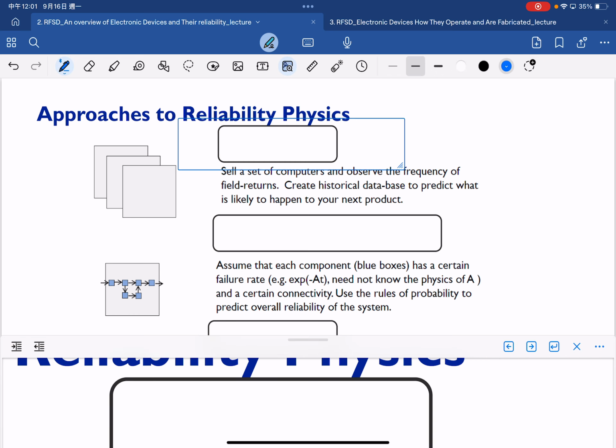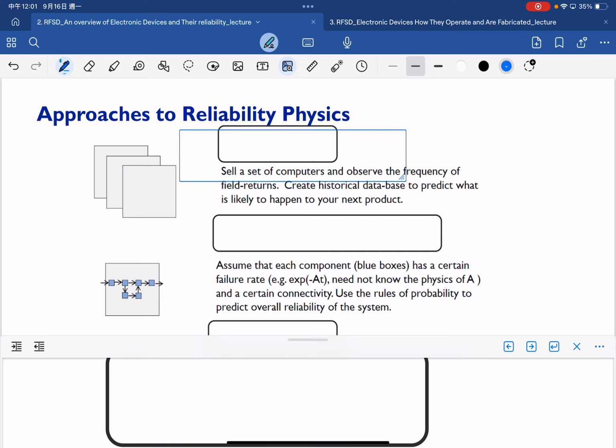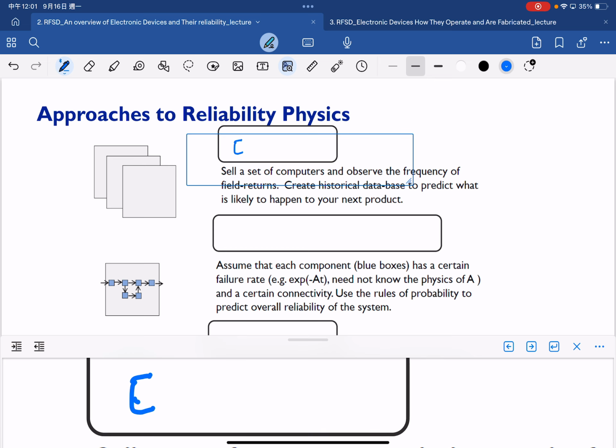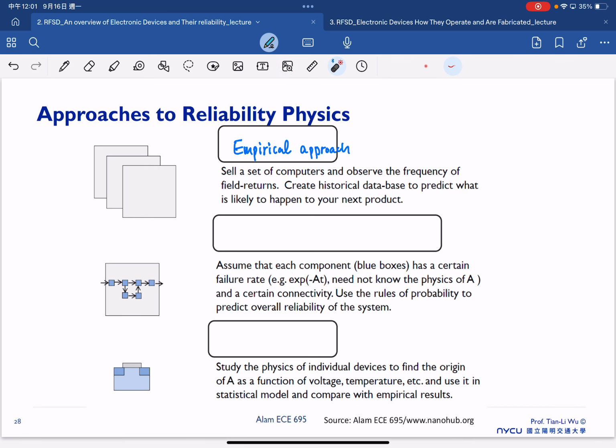That's mainly based on experience. We observe the frequency of the field returns, and then we create a historical database to predict what's likely to happen to your next product.